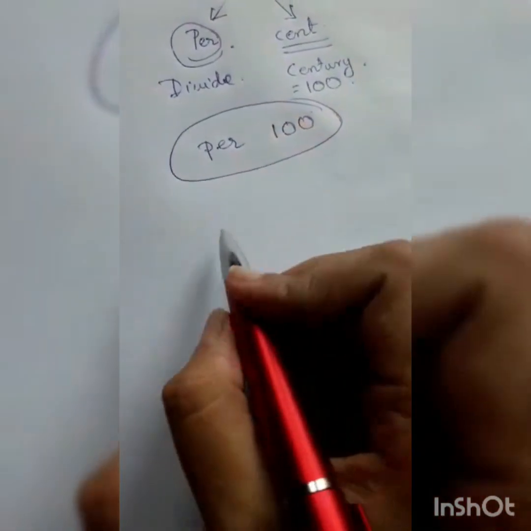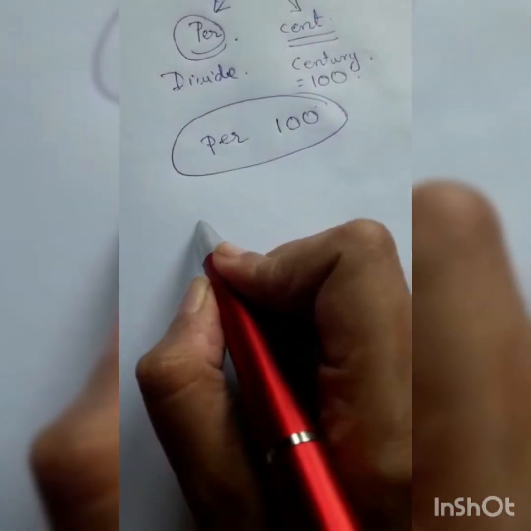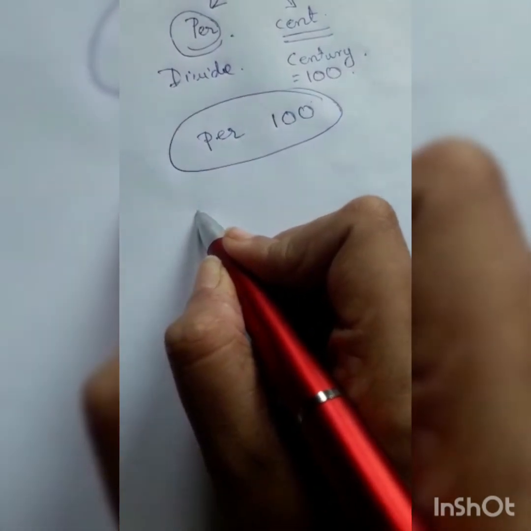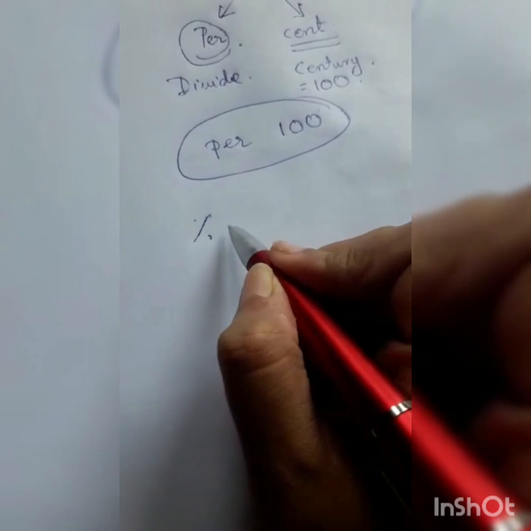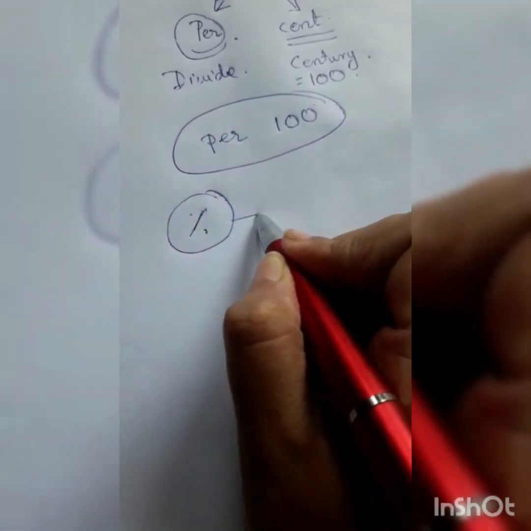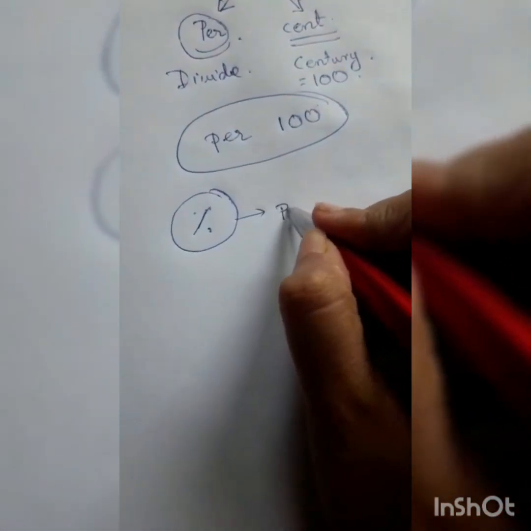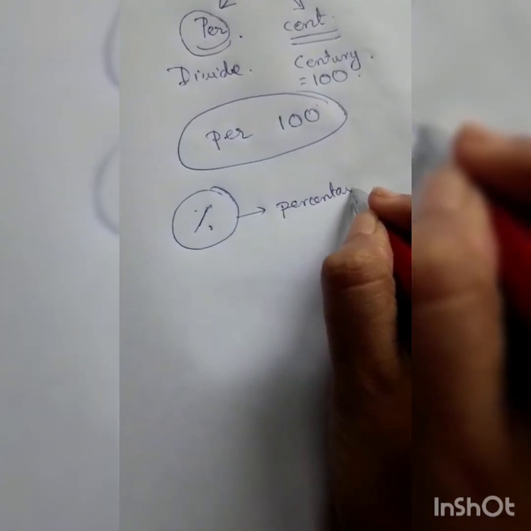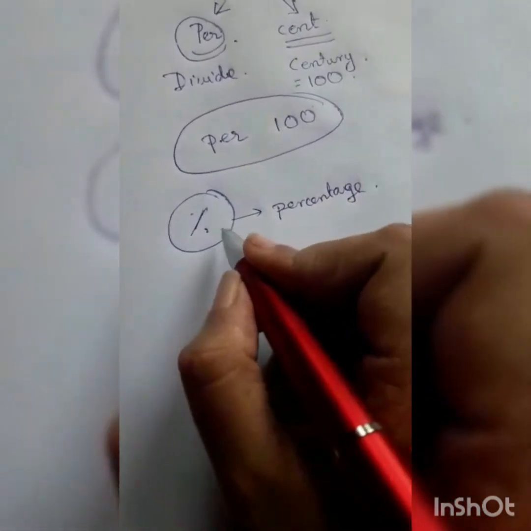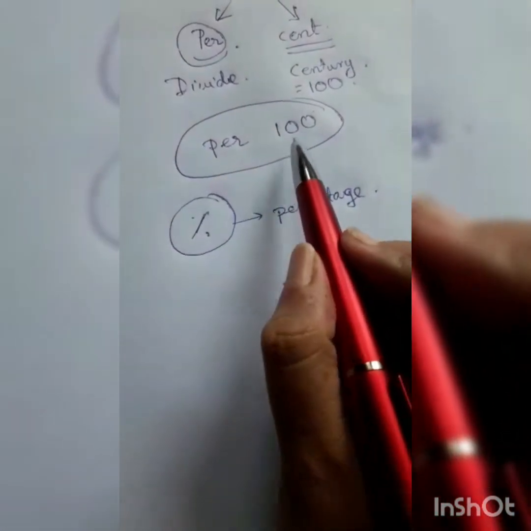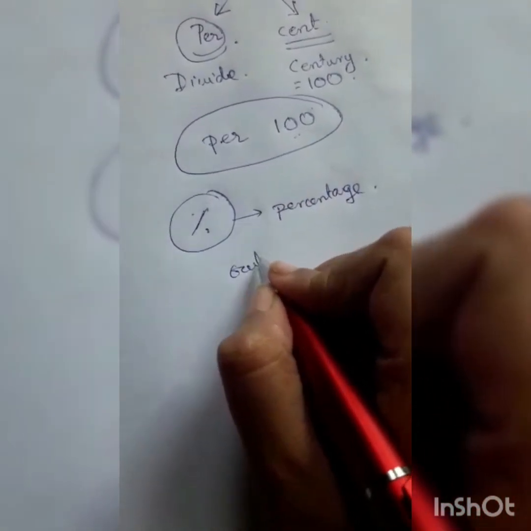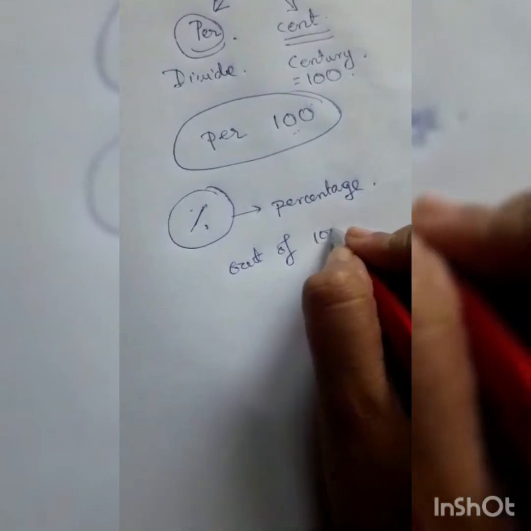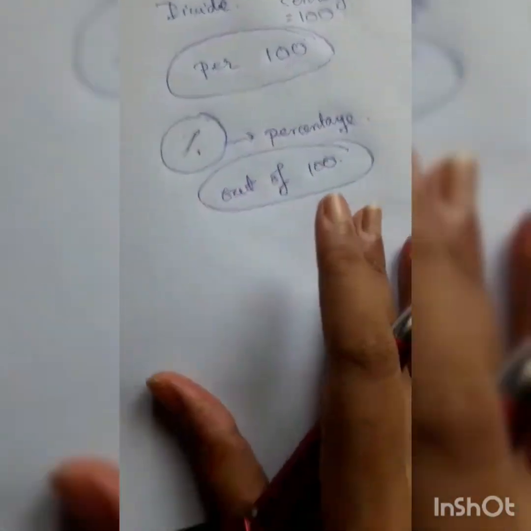Remember children, you have a column in your mark sheet which has a sign like this, percentage, highest percentage. This is the sign for percentage. Whatever marks you are getting is generalized out of 100. So, percentage is also known as out of 100.